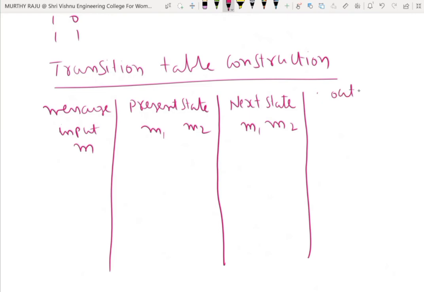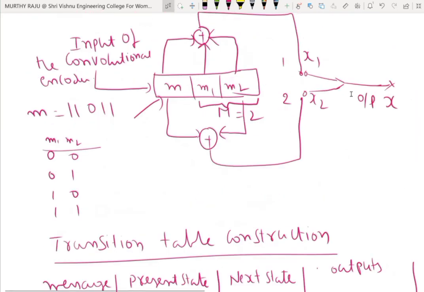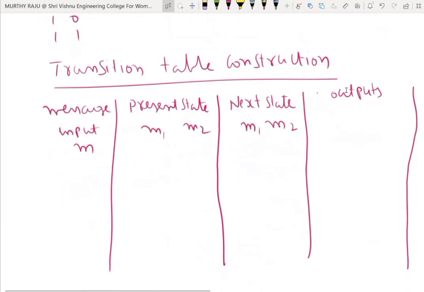Outputs: here two outputs are there. X1 is equal to M exclusive OR with M1 exclusive OR with M2.